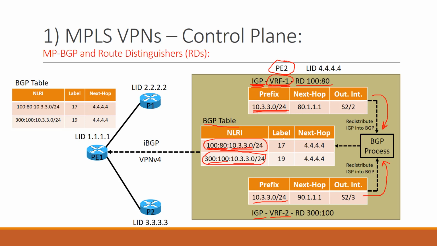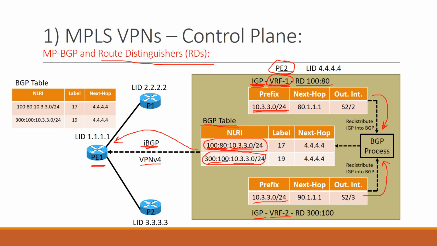Regardless of these details, we are just discussing route distinguishers. This BGP table will be advertised through iBGP to PE1, because there is something called VPNv4 between PE2 and PE1. We will discuss this in the coming slides.